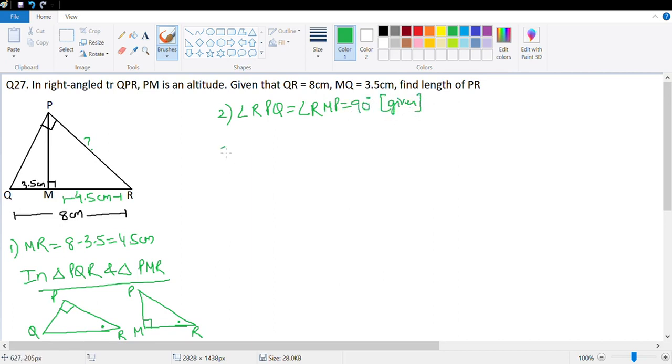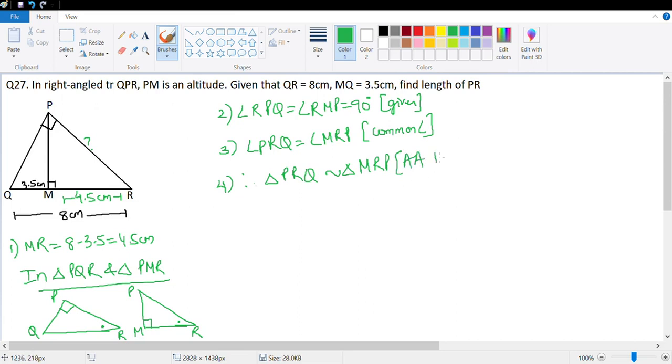Next point, angle PRQ is equal to angle MRP, common angle. What this gives us is, therefore, triangle PRQ is similar to triangle MRP using AA test.